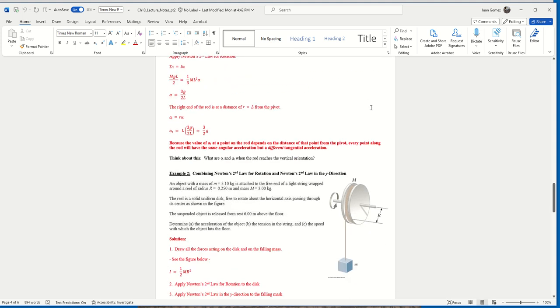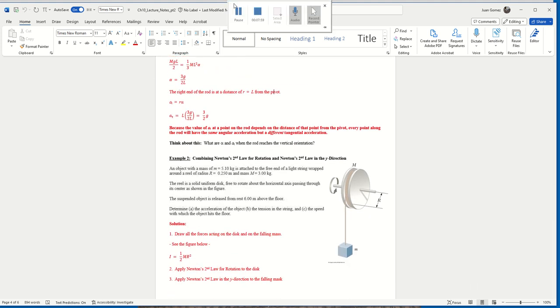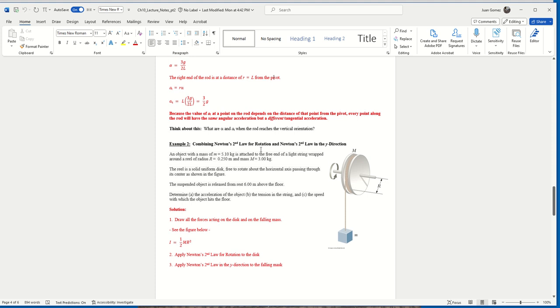Now, the next example I'll put in another video. It's a very common problem. There's one like this on exam 4 and on the final, where you combine Newton's second law for rotation and Newton's second law in the y direction. We have a mass on a string, and the string is wound around a cylinder. When the mass is released, the mass falls, and the cylinder, pivoted about an axis through its center, rotates.